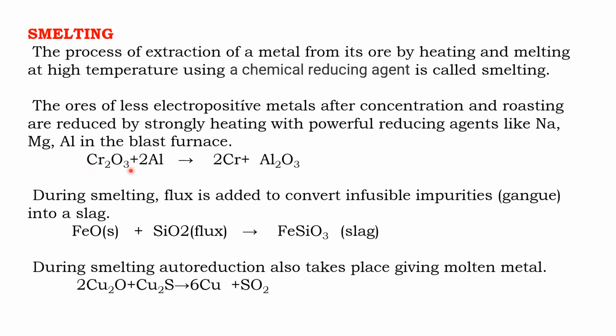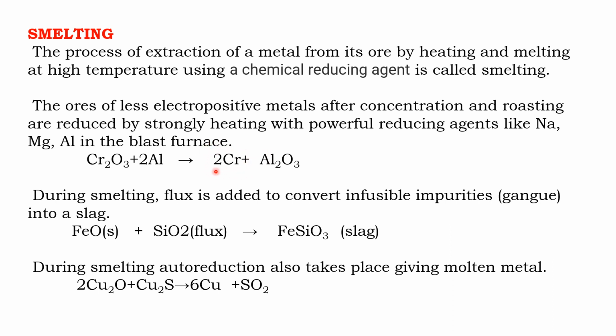The temperature is very high and we will add certain reducing agent or reducing material like aluminum, magnesium or sodium, so that this metal easily combines with oxygen to form the metal in the purified form.